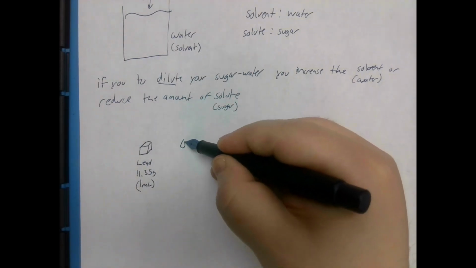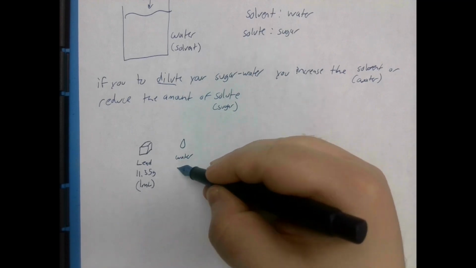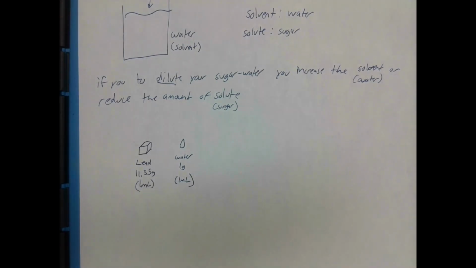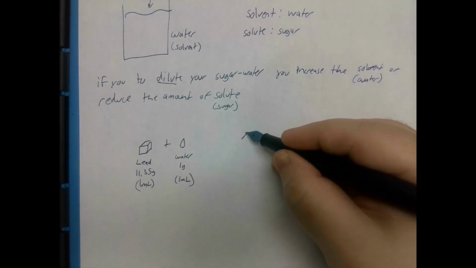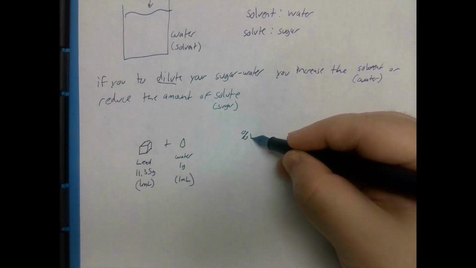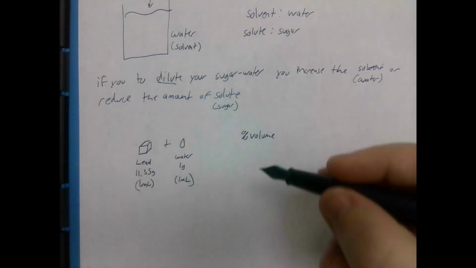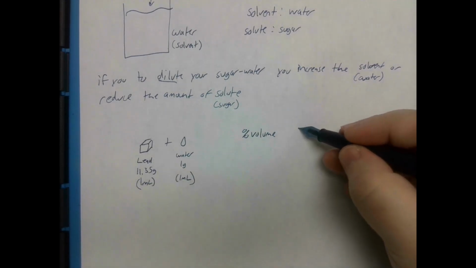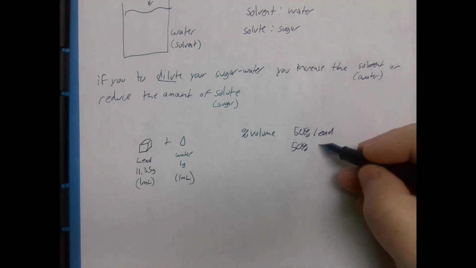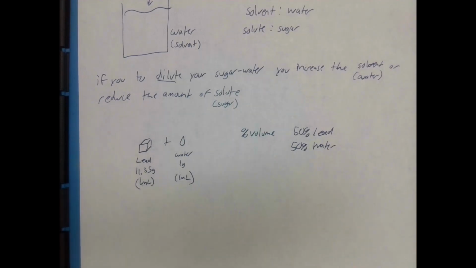And then I have water, 1 gram for 1 milliliter. Because of the densities of these two, if I combine them, what percentage of lead do I have? If I do percent by volume, it's obviously 50-50. I have 50% lead by volume and 50% water by volume, because I have 1 milliliter and 1 milliliter.